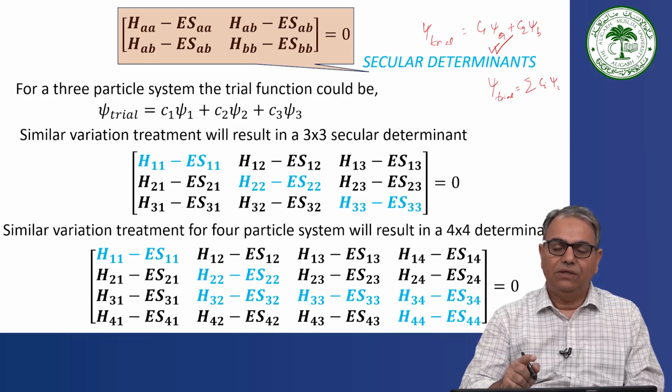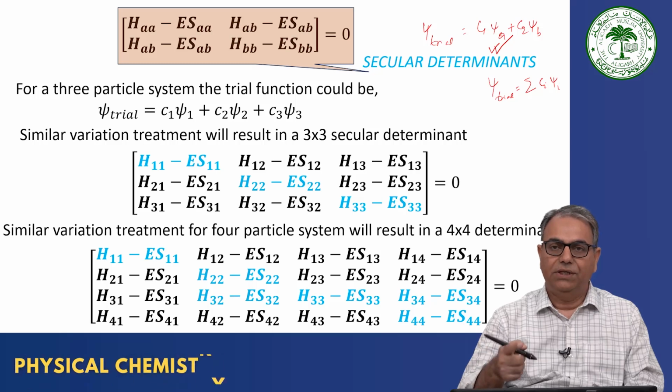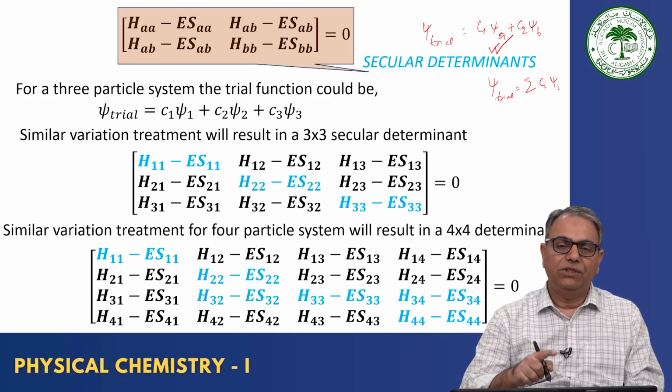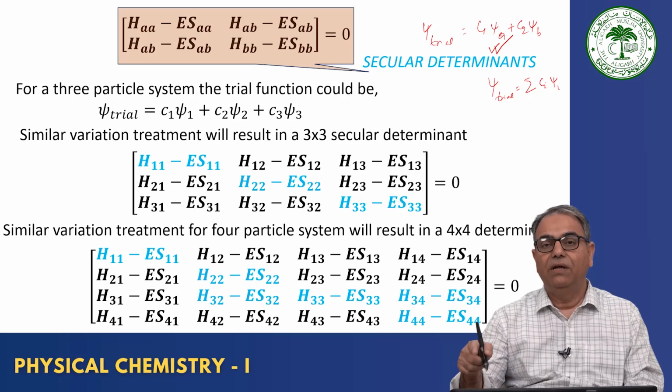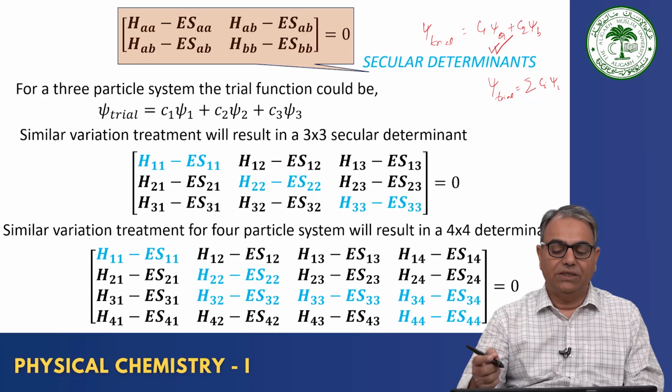The coefficients of C1, C2 and C3 will form a determinant with 3 equations and 3 unknowns. The coefficients of C1, C2, C3 will form a determinant which must vanish. Why must it vanish? Because only then will C1, C2 and C3 have non-zero values, and give you the contribution to the system.